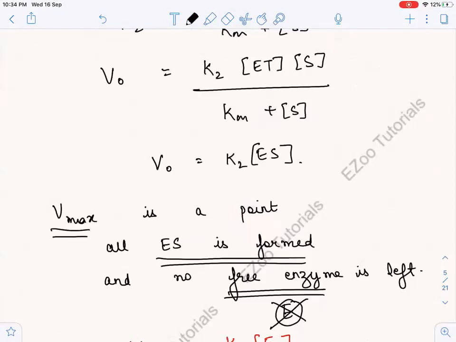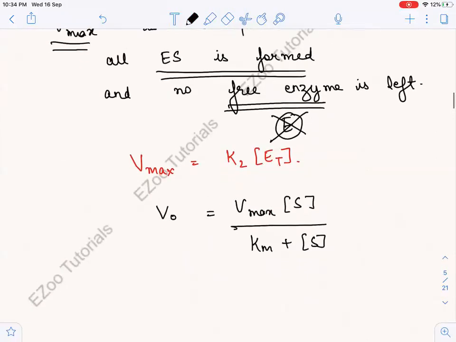V naught is equal to K2 ET S upon Km plus S, right? Now what is V naught? V naught is equal to K2 ES, and Vmax is equal to K2 ET. So when we plug these in, V naught becomes Vmax substrate upon Km plus S.